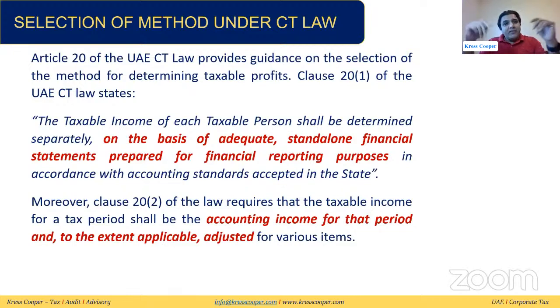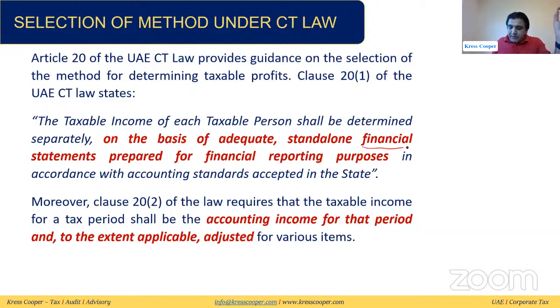Article 20 of the UAE corporate tax law says taxable income of the taxable person shall be determined separately on the basis of adequate standalone financial statements prepared for financial reporting purposes. One thing is very clear: every business is liable to prepare financial statements.